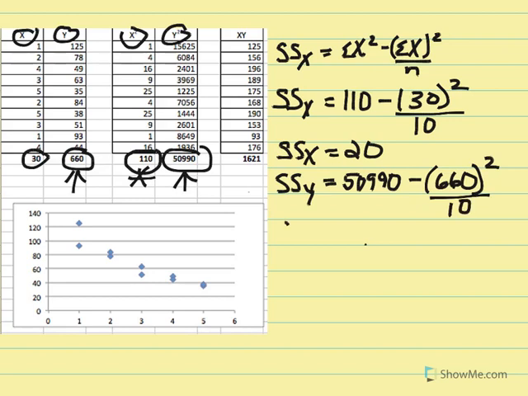So in our calculators, take 660, square that, divide it by 10, and subtract it from 50,990. And we should get the same value we did using the definitional formula. So 7,430 is what we should see in our calculators. So again, we're getting the same answer using a different process.